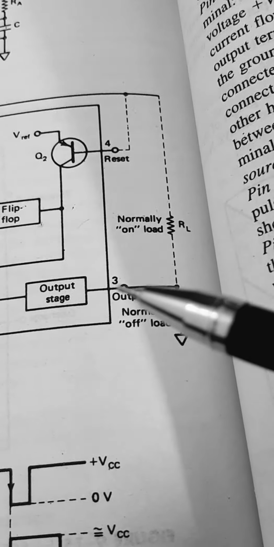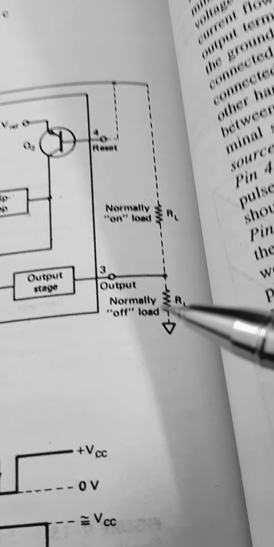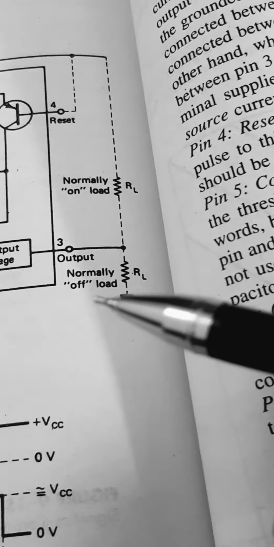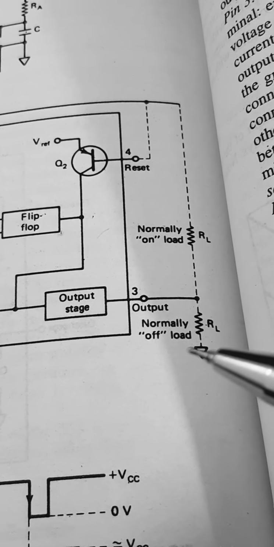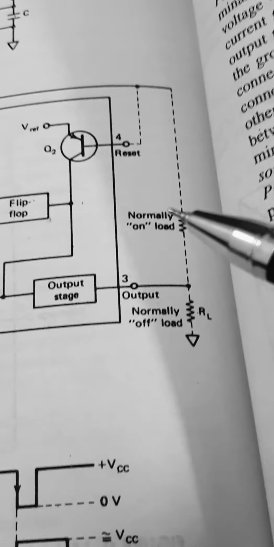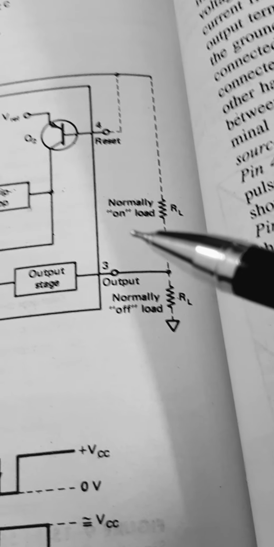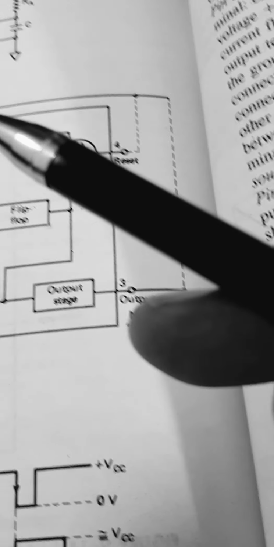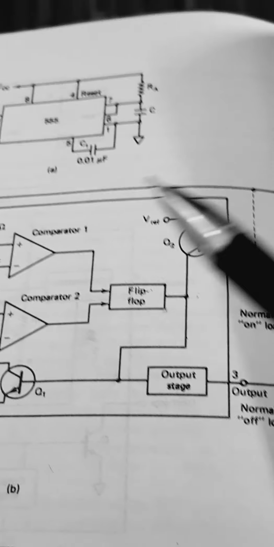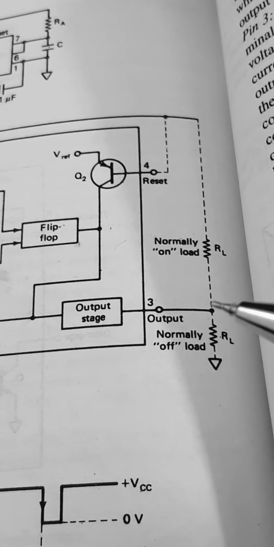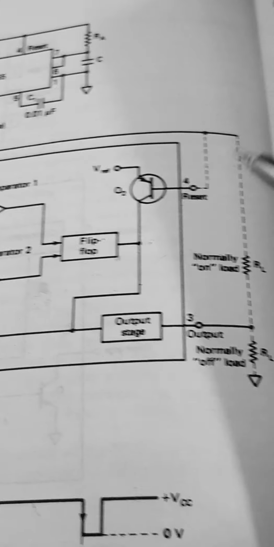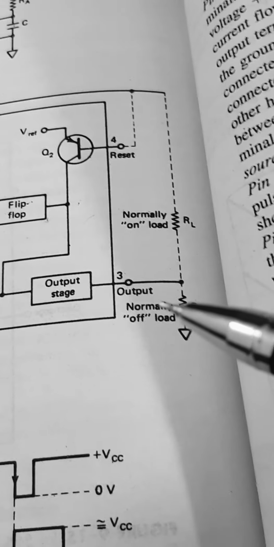When the output is high and the load is normally on, there won't be any current flowing from VCC, because the output is also at VCC on the other end, so there won't be any current flowing through it.